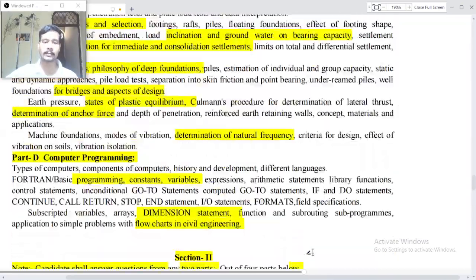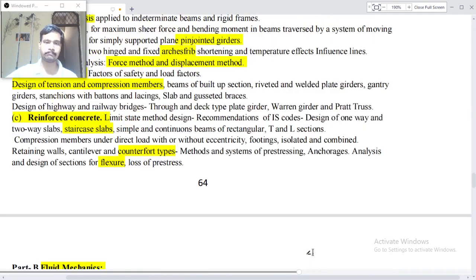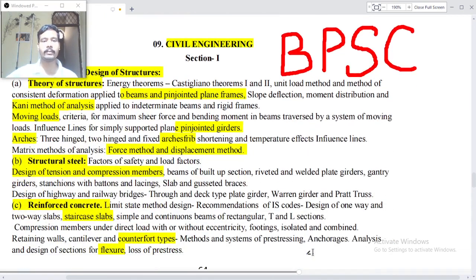So this is the whole syllabus of civil engineering for BPSC. Before taking civil engineering as an optional subject in the BPSC mains examination, at least at a glance you have to go through the whole content, what is inside the syllabus, at least once. You have to do this before choosing civil engineering as an optional subject.